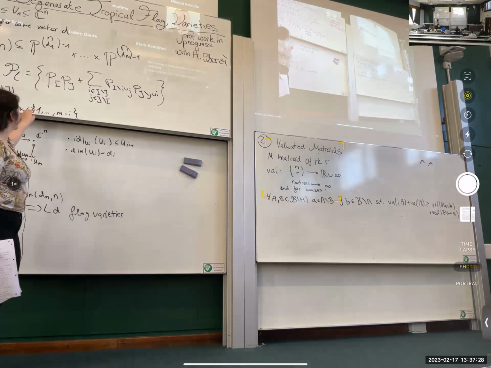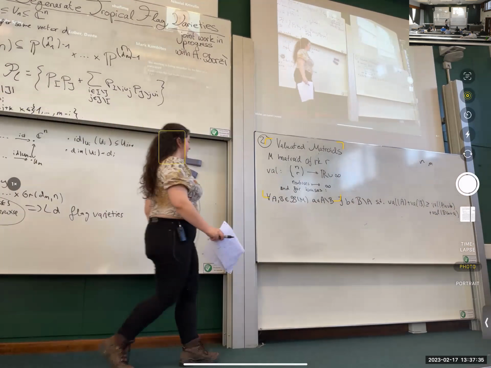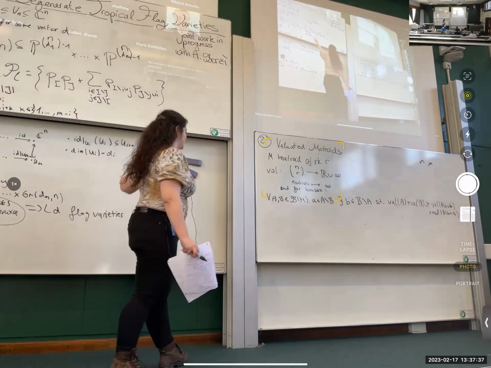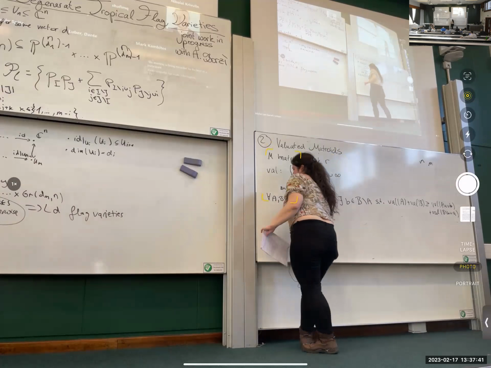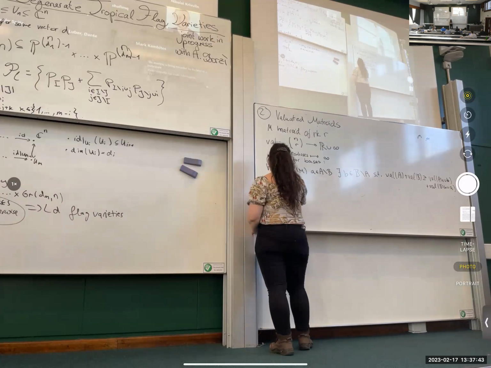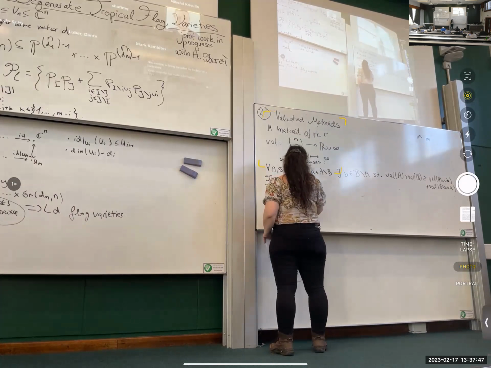So for the cardinality of I equal to the cardinality of J, this is precisely satisfying the Plücker relations in a tropical way. And this is a theorem due to Speyer from 2008.